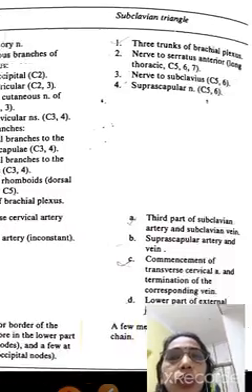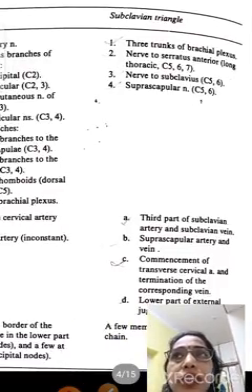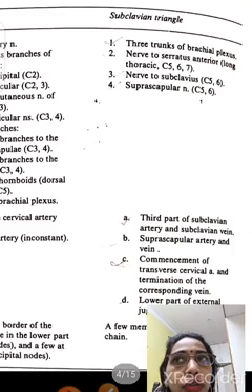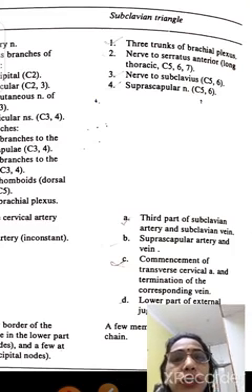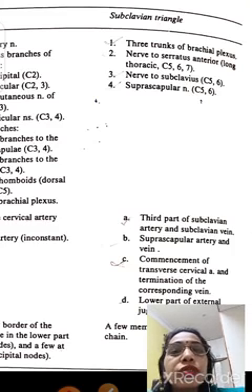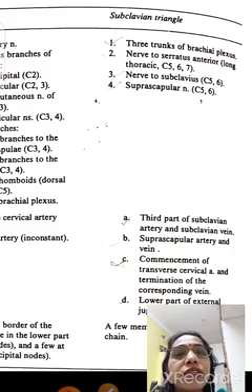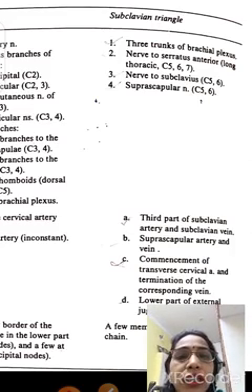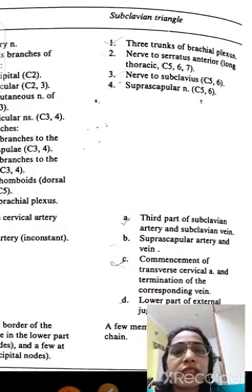Now the subclavian triangle is the other part of the posterior triangle. The various nerves present in the subclavian triangle are the three trunks of brachial plexus, the nerve to serratus anterior, that is the long thoracic nerve with nerve roots 5, 6, 7, the nerve to subclavius and the suprascapular nerve.